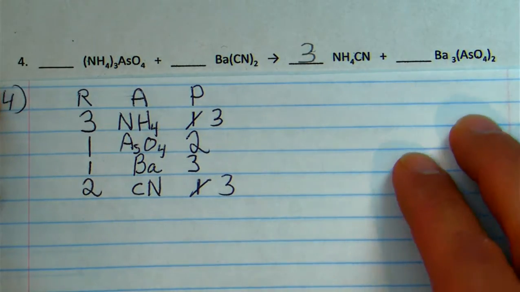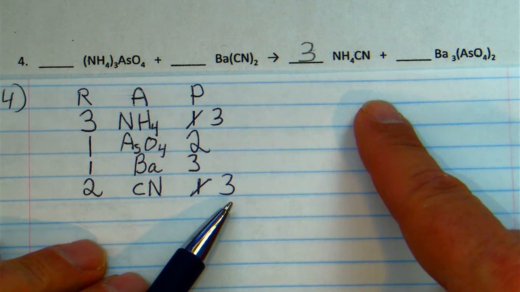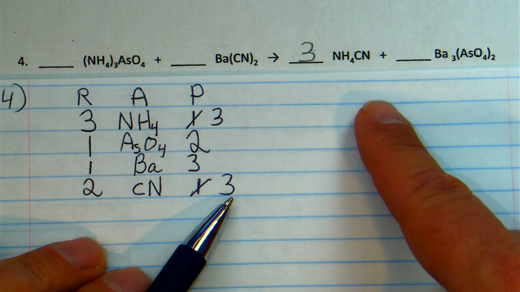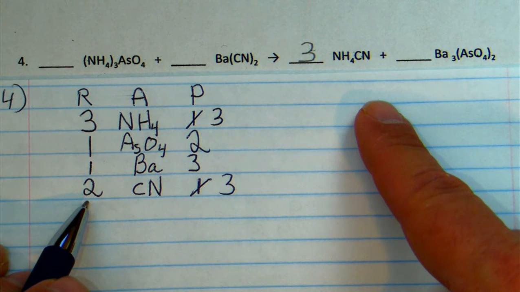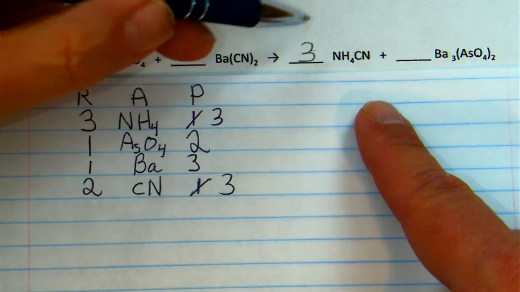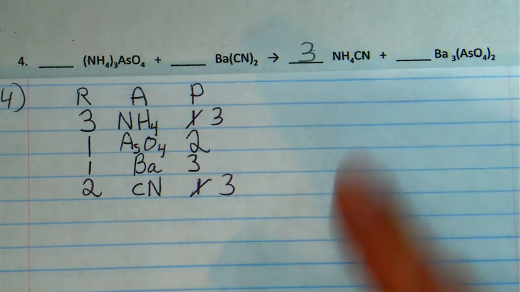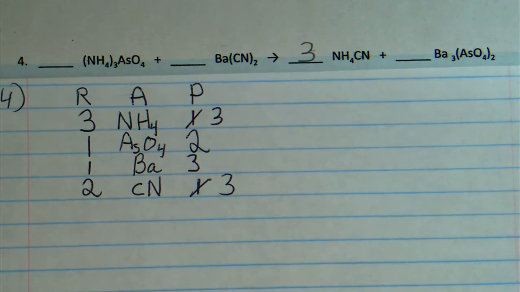Okay, so that doesn't look so good because the cyanides are going by multiples of 3, which are odd numbers. On the left, they're going by multiples of 2, always, which are even numbers. So right away, I see this isn't going to work. I should find myself an eraser.